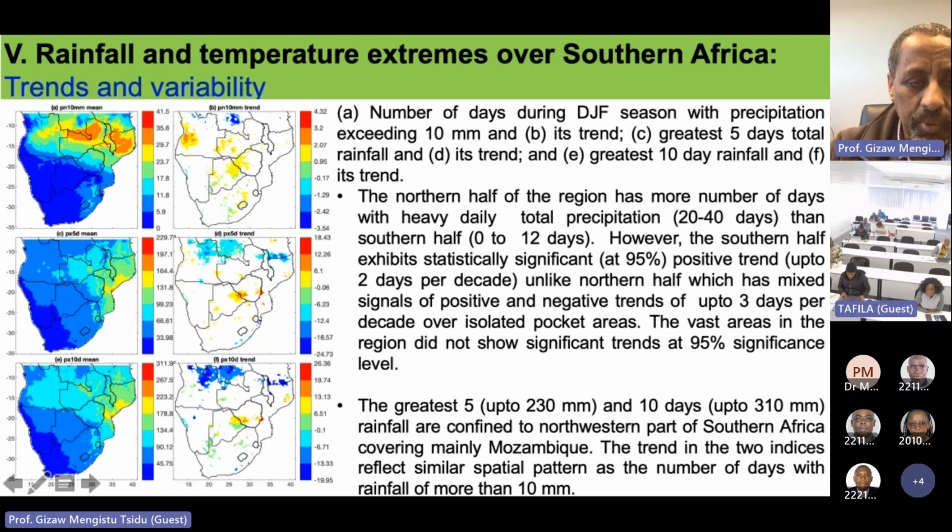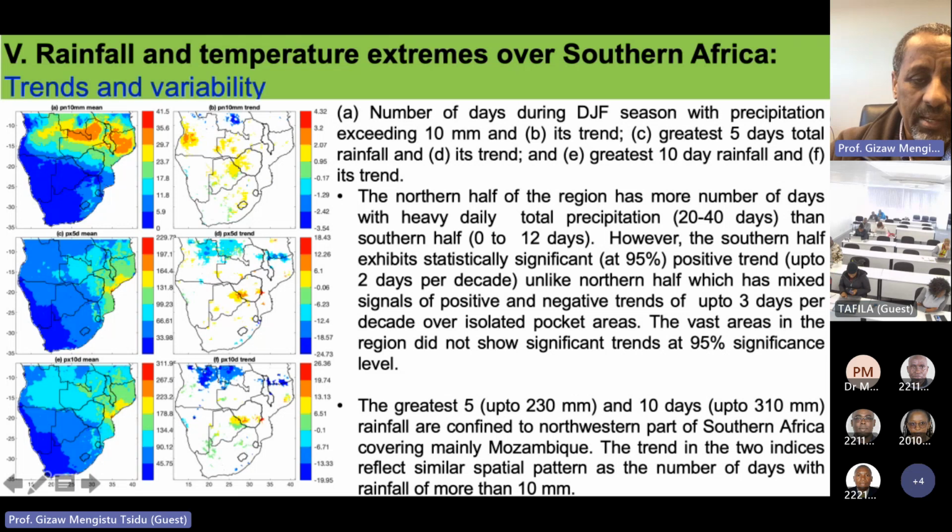And for Botswana, actually, it's increasing. I think this is the northeast part, and also around the Kalahari areas.